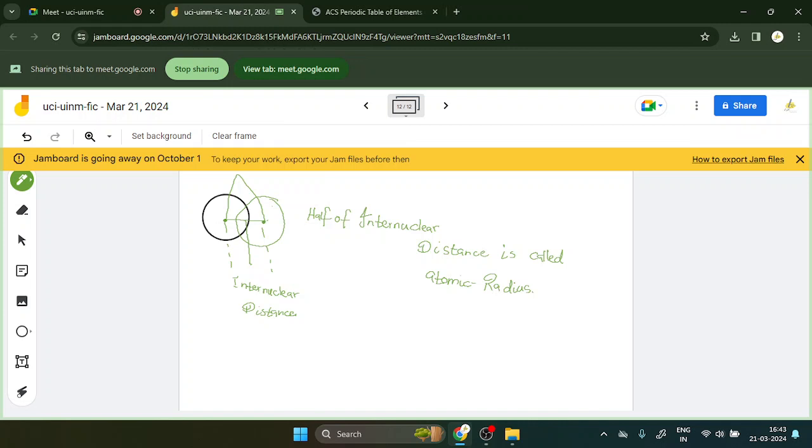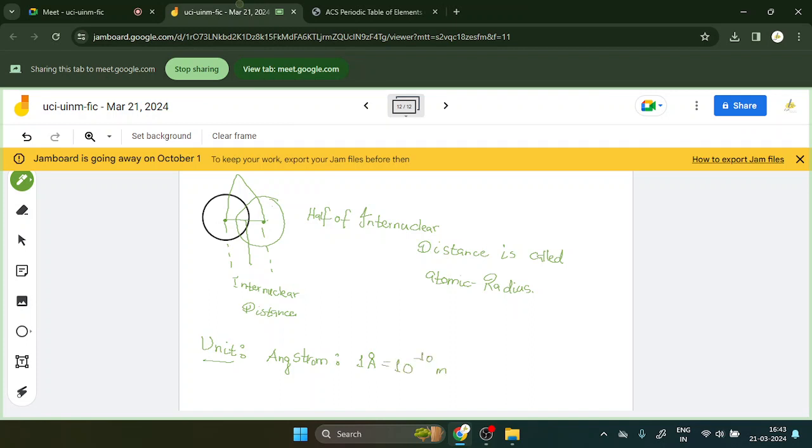Now what is the unit to calculate atomic radius? There are two units which we use mostly. Number one is the angstrom. 1 angstrom equals 10 to the power minus 10 meter.